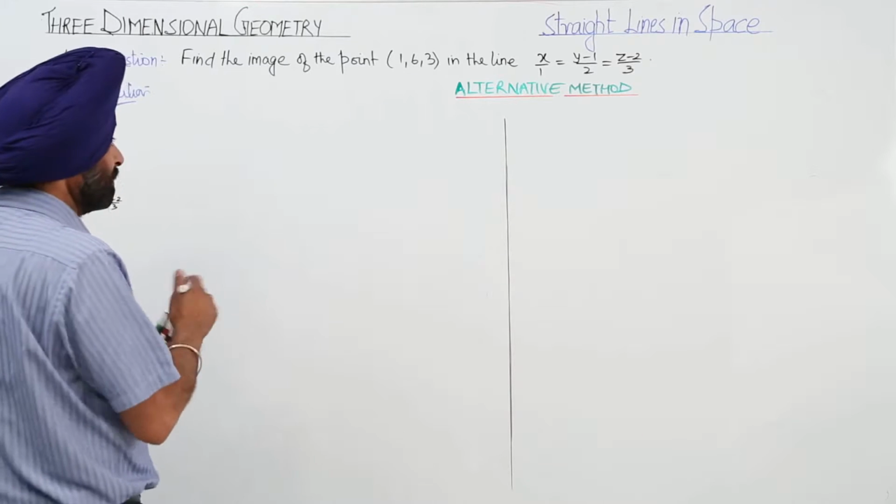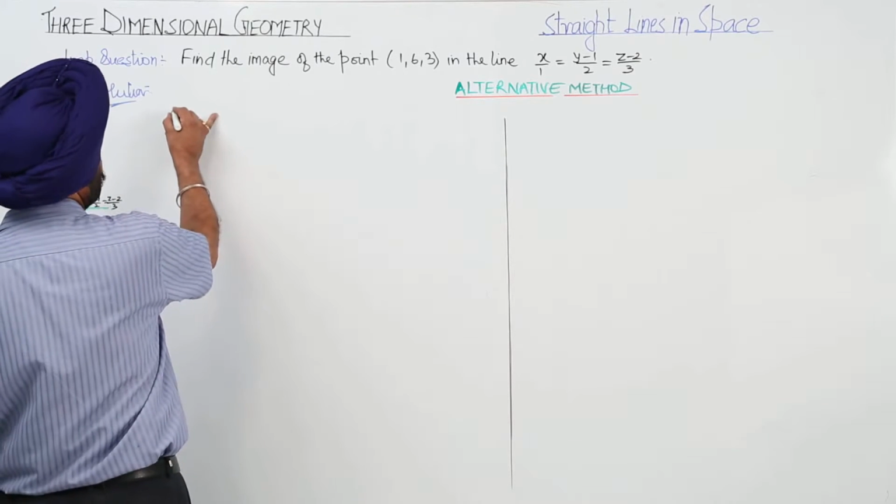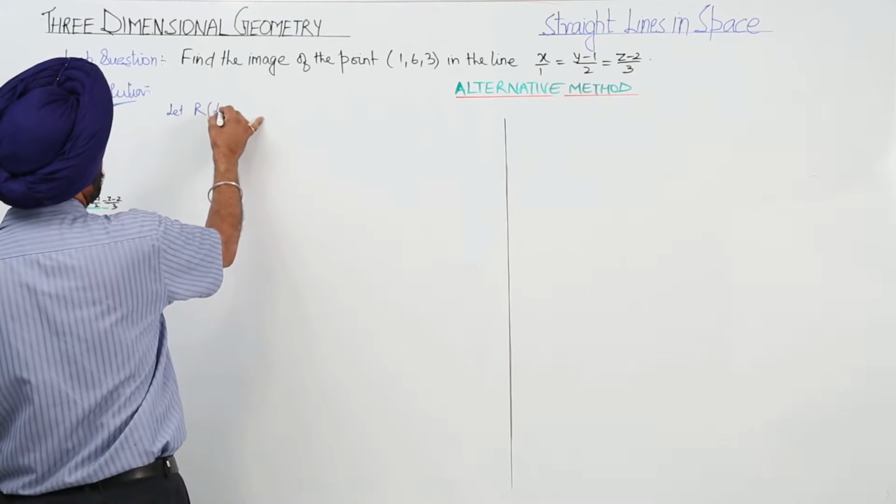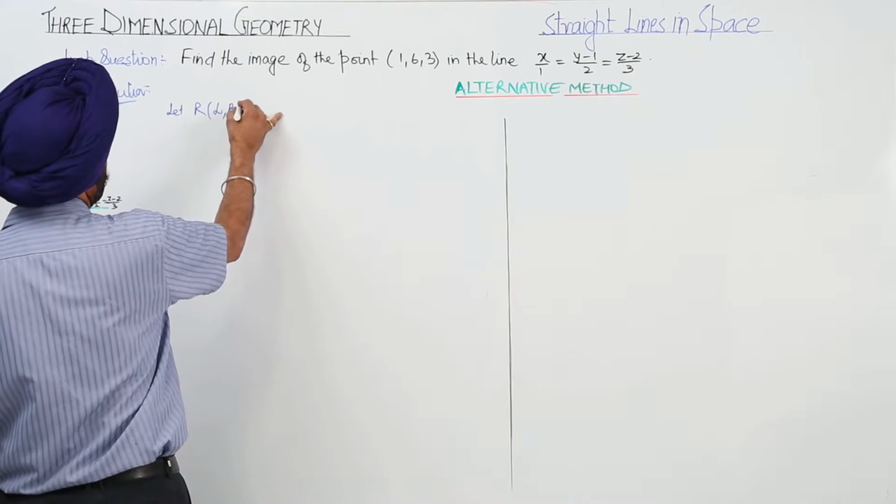Okay. So, now let point R with the coordinates alpha, beta, gamma.